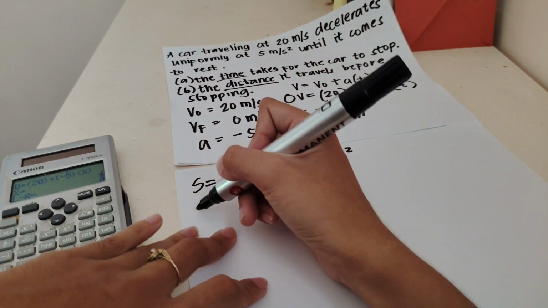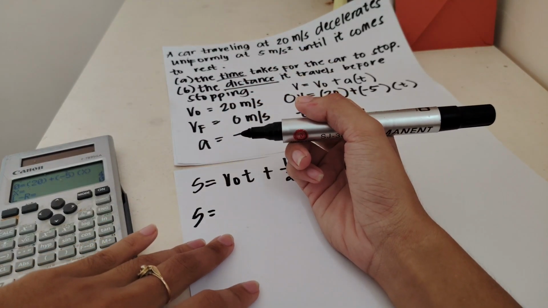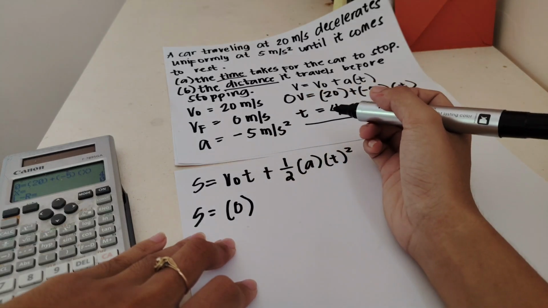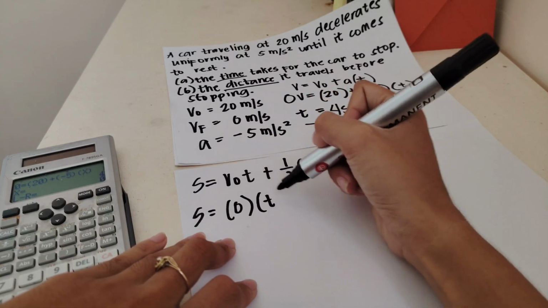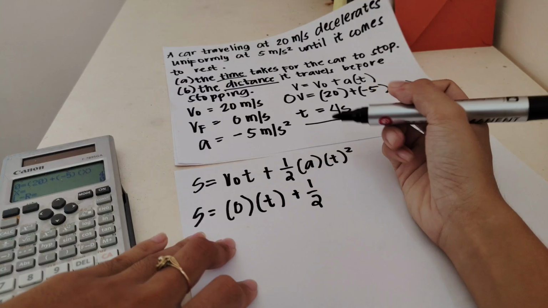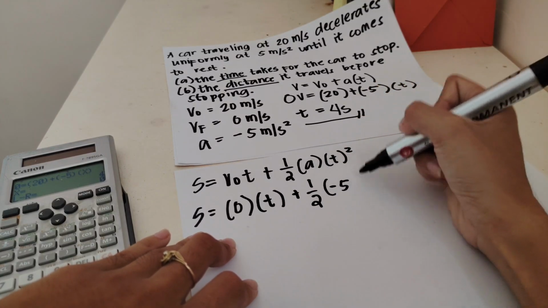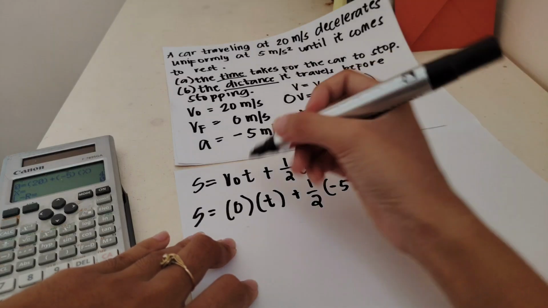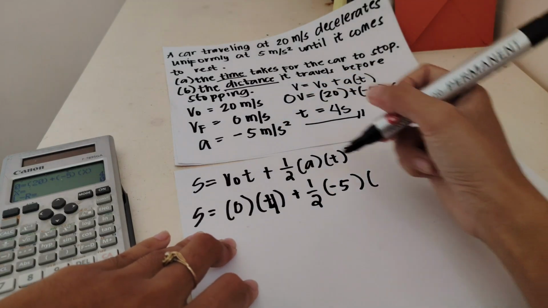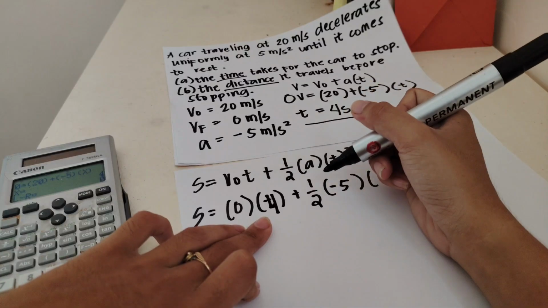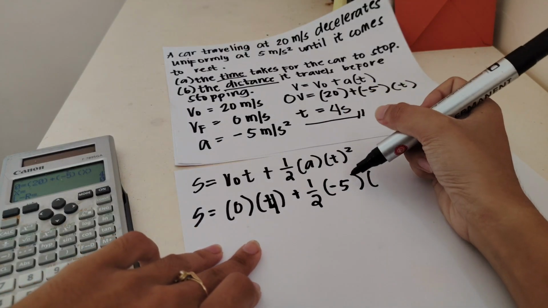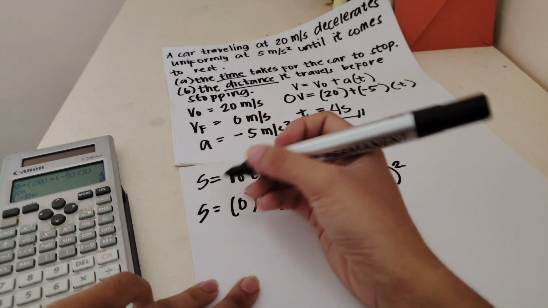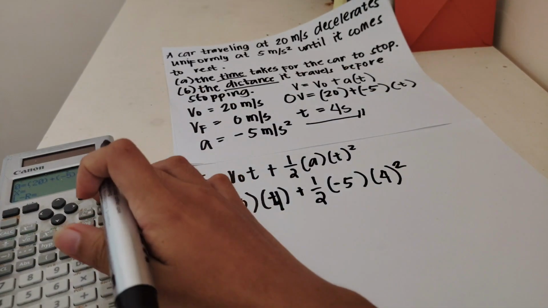So we have initial velocity of 20 times the time plus 1/2 times the acceleration of -5, and the time is 4 seconds. So 20 times 4 plus 1/2 times the acceleration of -5 times the time of 4 to the power of 2.